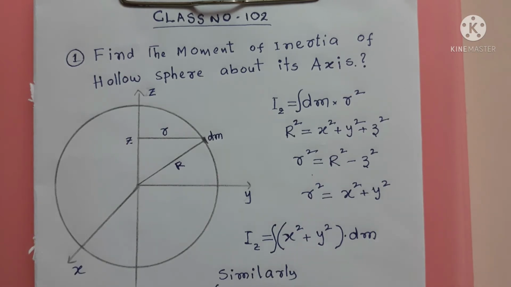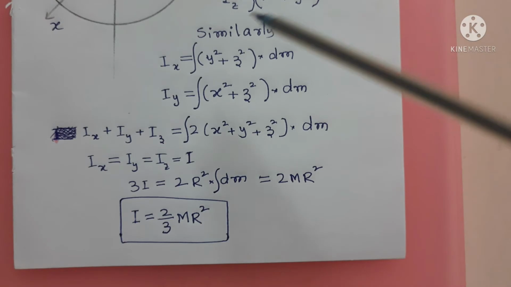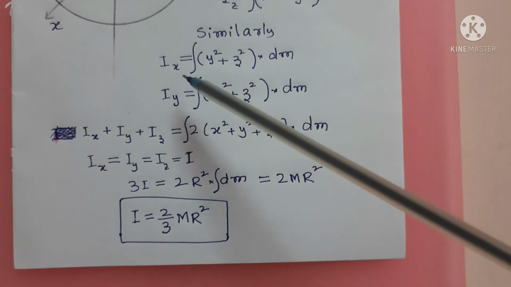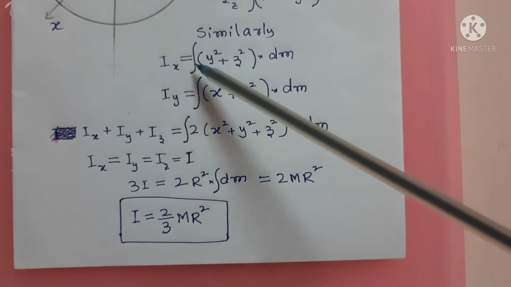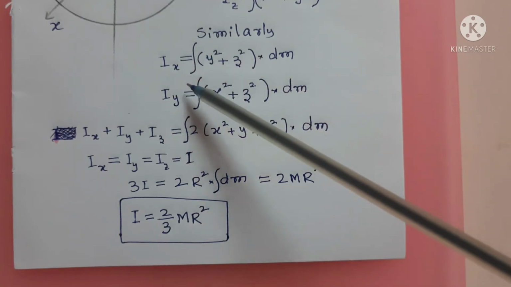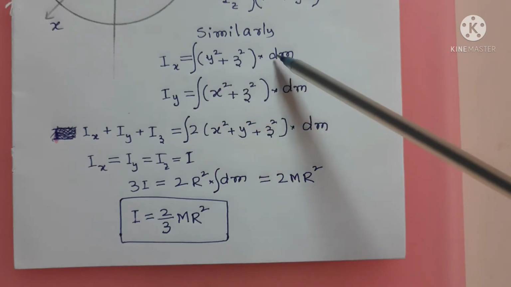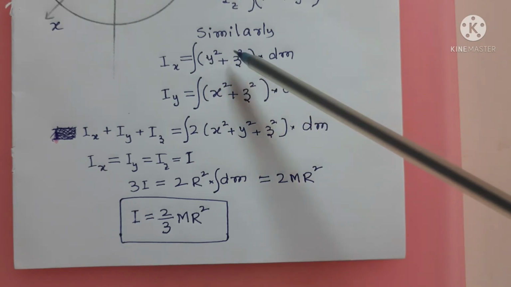Similarly, about the x-axis, the moment of inertia is Ix equal to the integration of y square plus z square into dm, because this is the perpendicular distance from the x-axis.